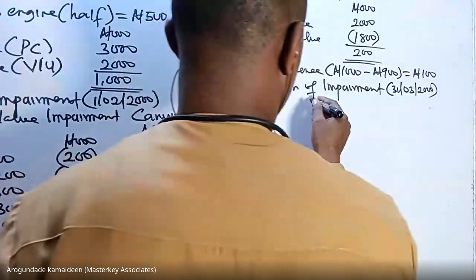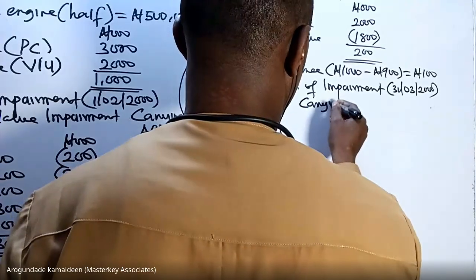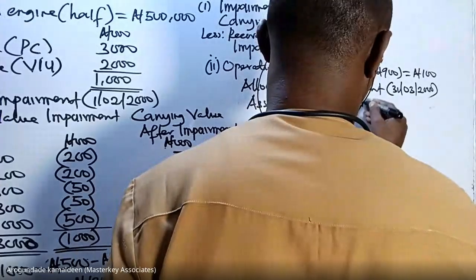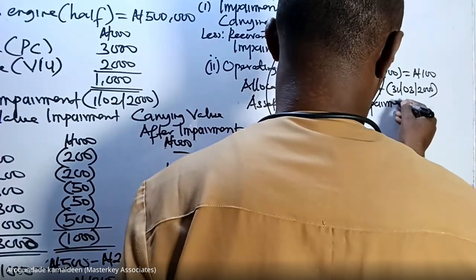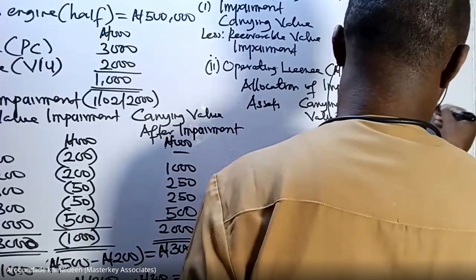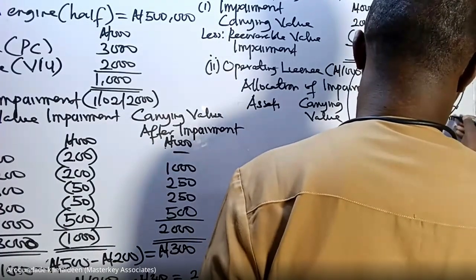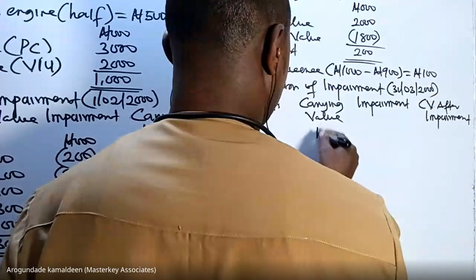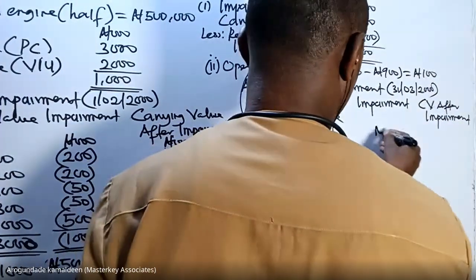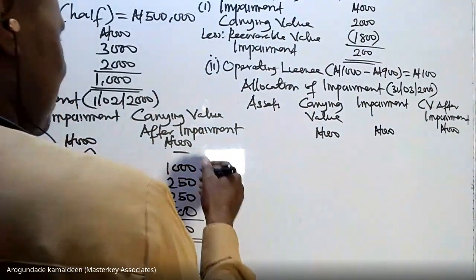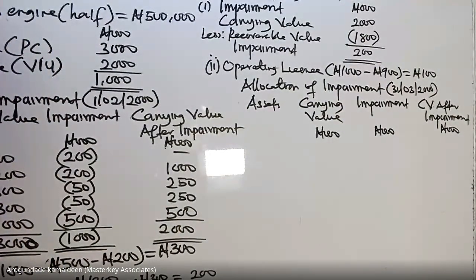The carrying value, the impairment, the carrying value now, okay? Afterwards, impairment again. So right now, in this case, okay, we don't have goodwill anymore. We don't have goodwill anymore.